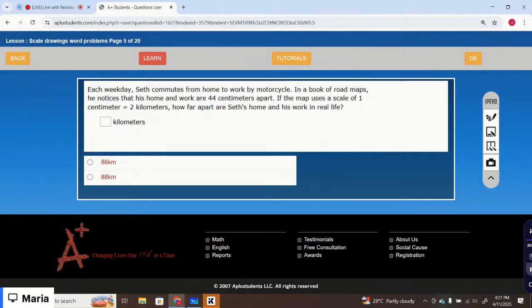So 1 centimeter equals 2 kilometers. So then 44 centimeters equal 88 kilometers. Option number two is the correct option.